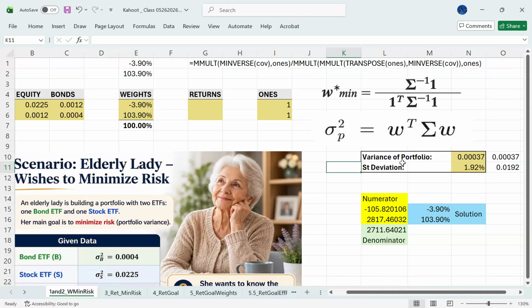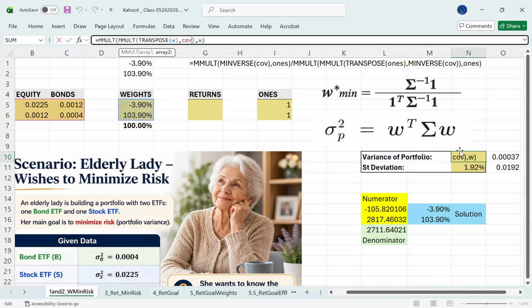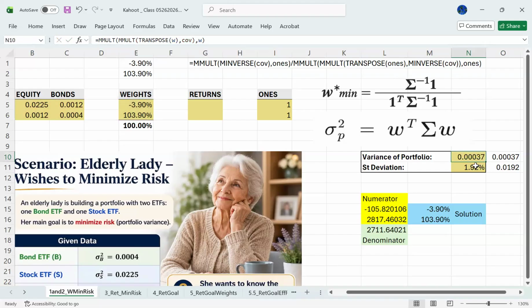Now, once we have this, we already calculated the variance in matrix form here, so it's automatically, this is the variance and this is the standard deviation. This is the lowest standard deviation we could reach if we are investing in a portfolio comprised of these two positions.